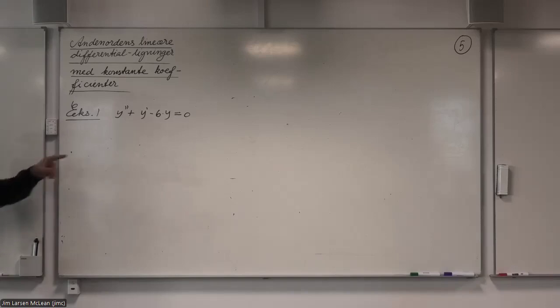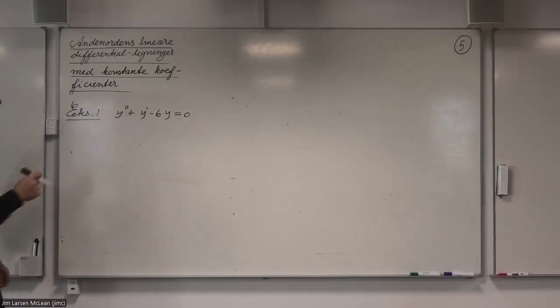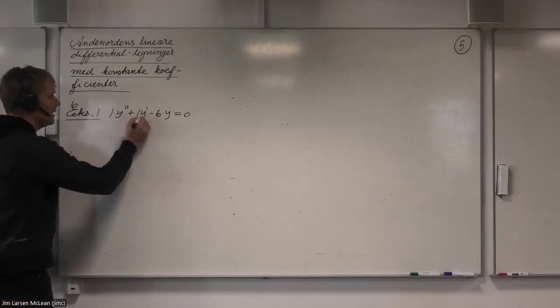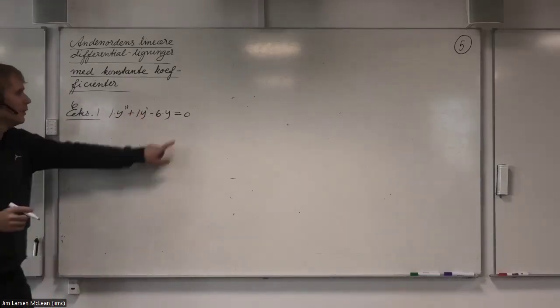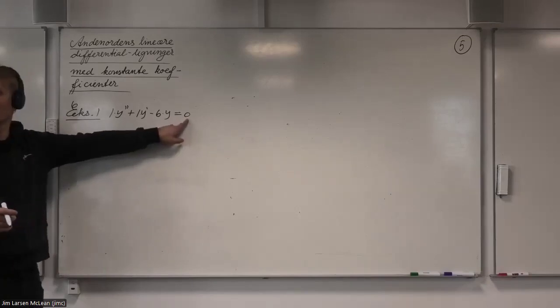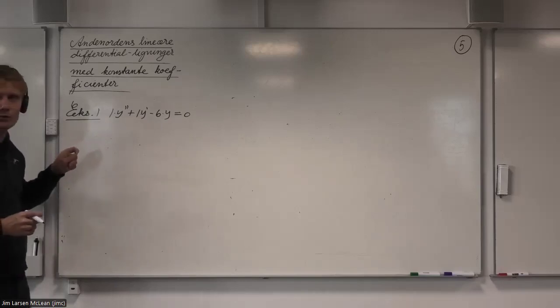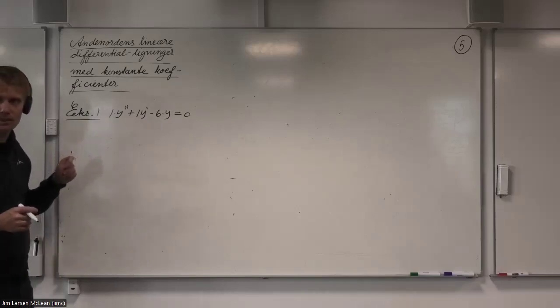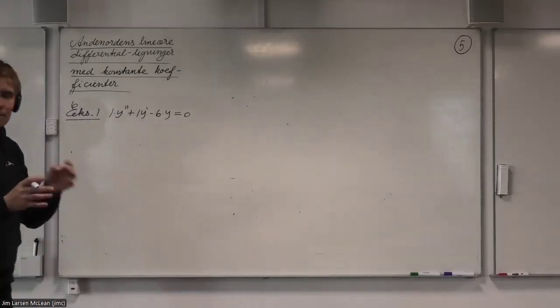It is second order because it is differentiated at most twice. It has constant coefficients because there are 1 and 1 and a negative 6 as coefficients. It is homogeneous because there is 0 on the right side, and it is linear because it follows this nice solution structure. Linear combinations of solutions yield solutions once more. That is how linear works.